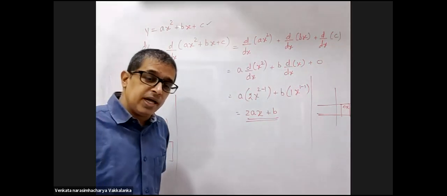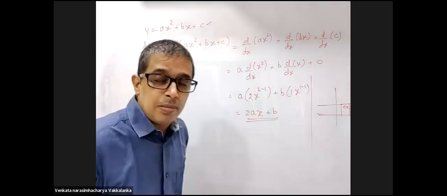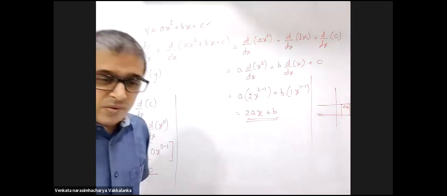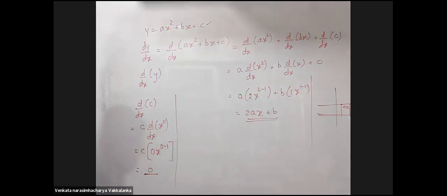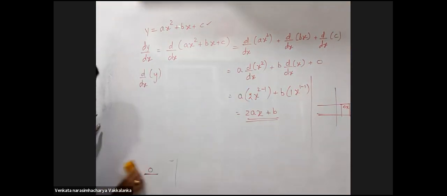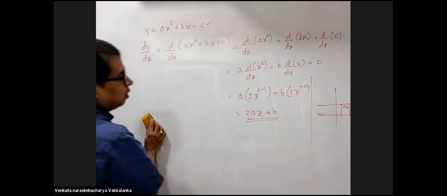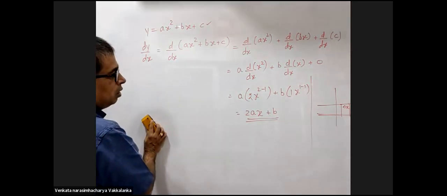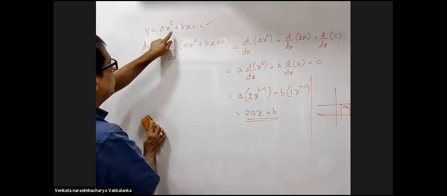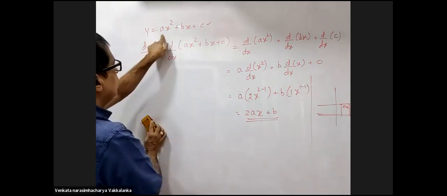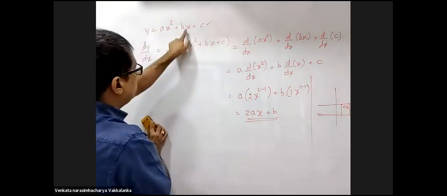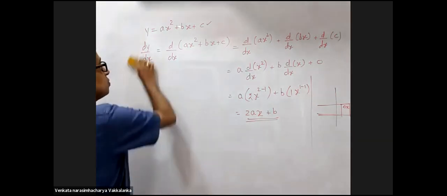Differentiation with respect to another variable is done by chain rule. Chain rule will come in after 1 or 2 lectures. Sir, so 2ax plus b is a general equation for any quadratic polynomial. Differentiation of this. If this is the equation, dy by dx of that is this. Okay, sir.